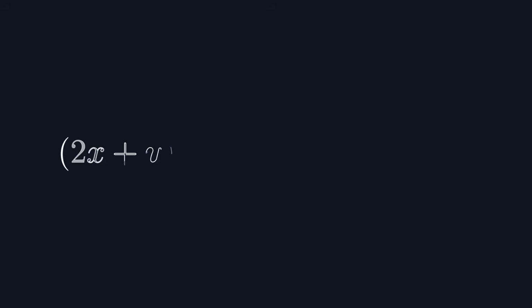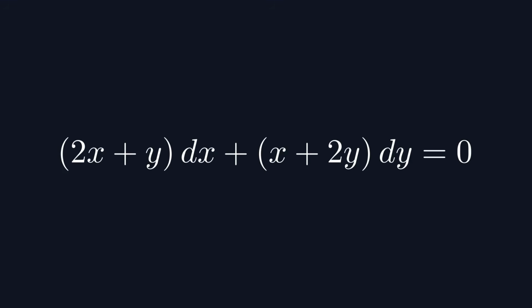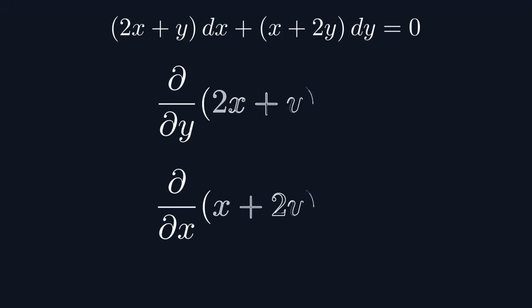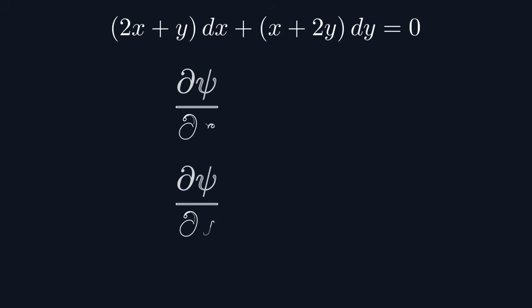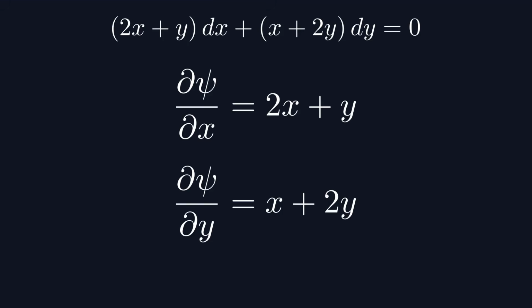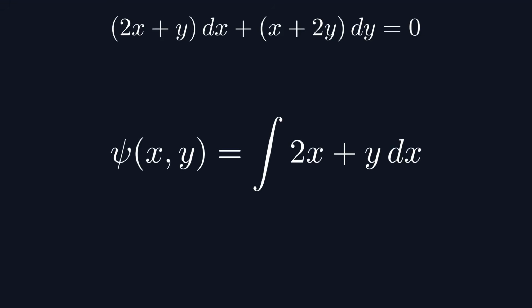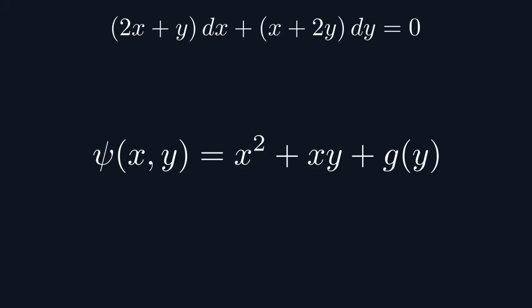Example, consider this ODE. Taking partial derivatives, indeed, it is exact. To find the potential function, we define these relations. Then maybe we choose the first equation and integrate with respect to x. You'll see that we added g of y, an arbitrary function of y.